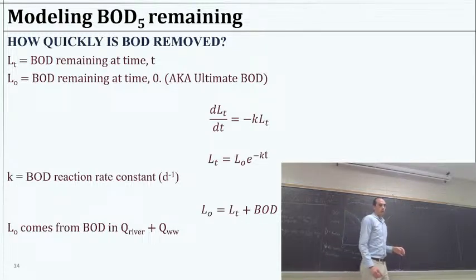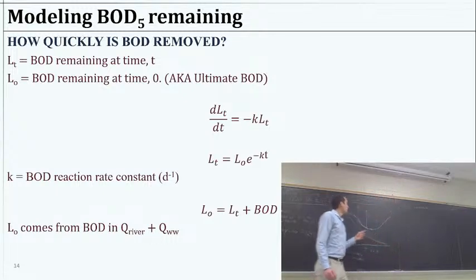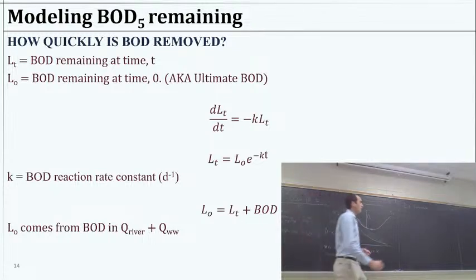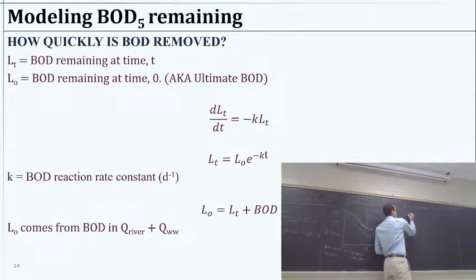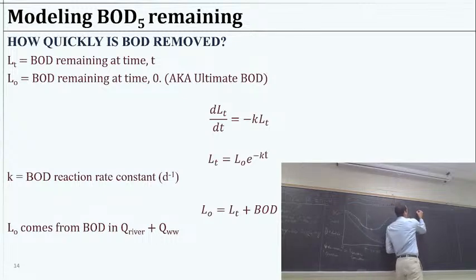Okay, so then we can also use a term for the amount that's right here. L naught would be the total substrate remaining at time 0. That's the total amount of substrate we've ever had.